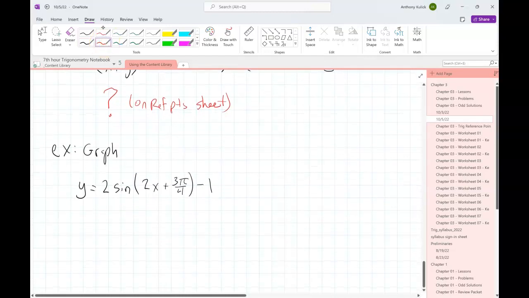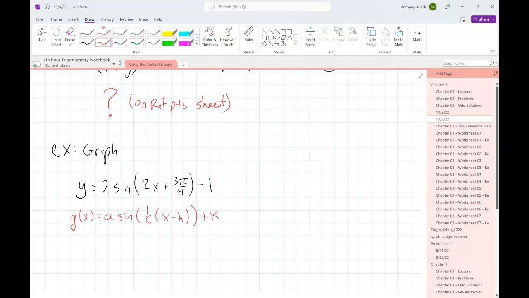All right. Let's say we have y equals 2 sine of 2x plus 3 pi over 4 minus 1. Everybody's okay with that? Just like before, my first order of business is going to be to try to write this in that general form so I can pull my values for a, c, h, and k.